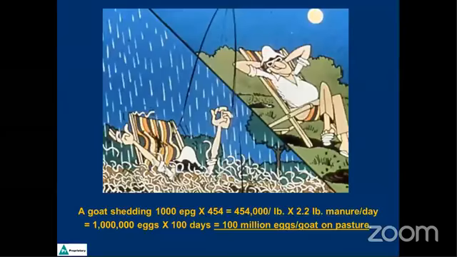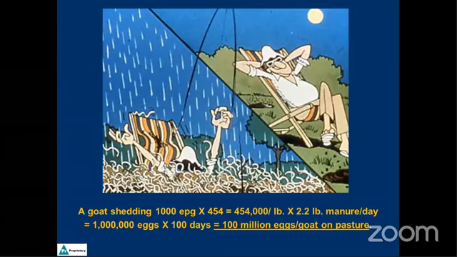Take a goat that's shedding 1,000 eggs per gram. You multiply that times 454 grams to a pound, that's almost 500,000 eggs per pound of manure going onto that pasture. So you think about that.